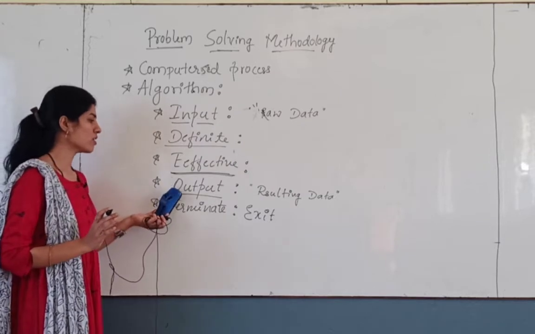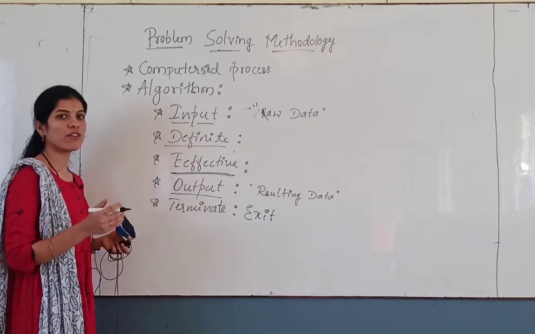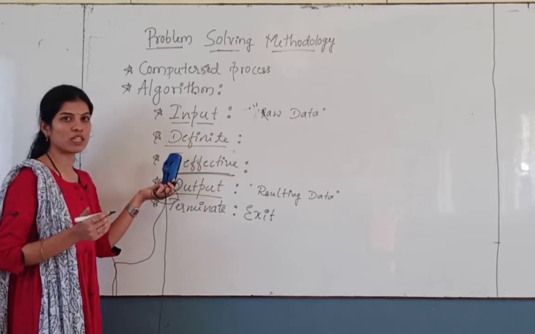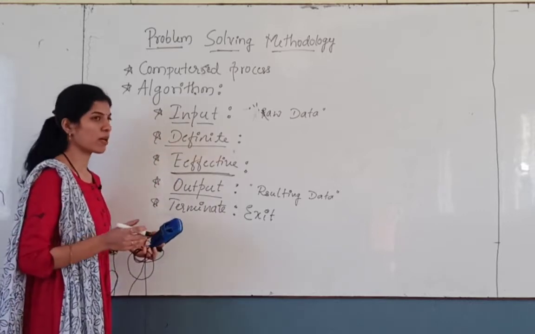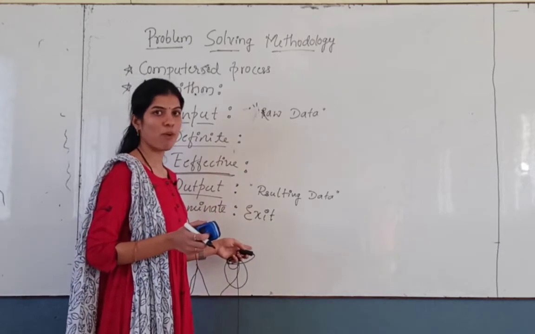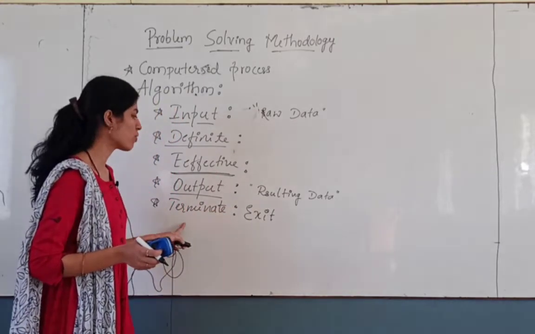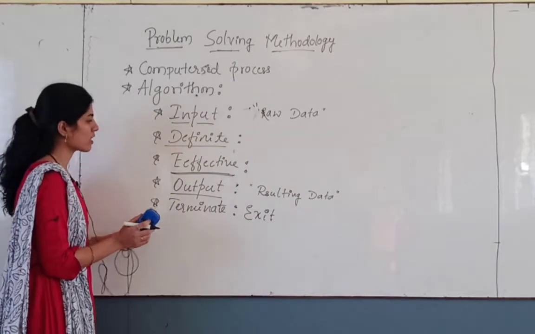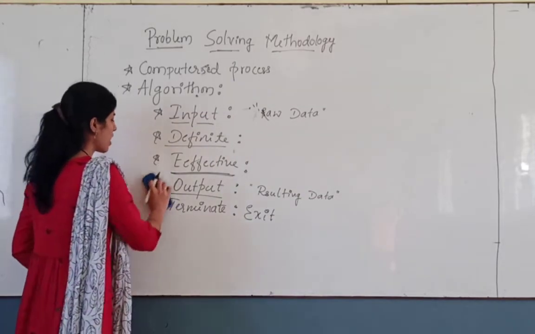Fourth is output, the resulting data with the help of the above 3 steps. Next is terminate. After completing all the steps of the algorithm we terminate our algorithm. These are the main 5 characteristics of an algorithm.